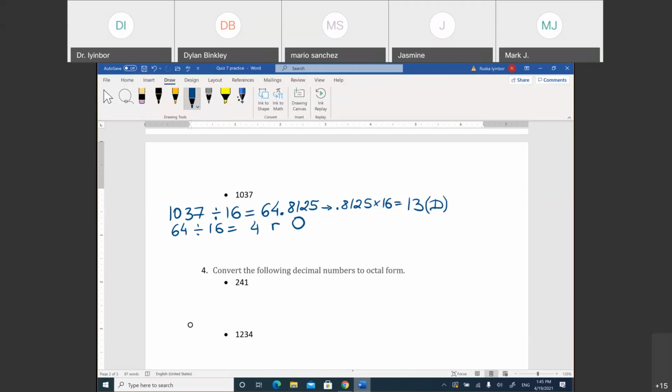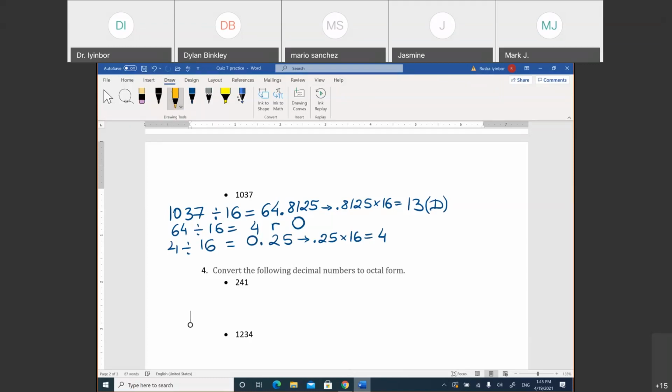4 divided by 16 is going to be 0. Let's see what it is. 0.25. Now you're going to get 0.25, and you're going to multiply by 16, and you're going to get 4. Okay?